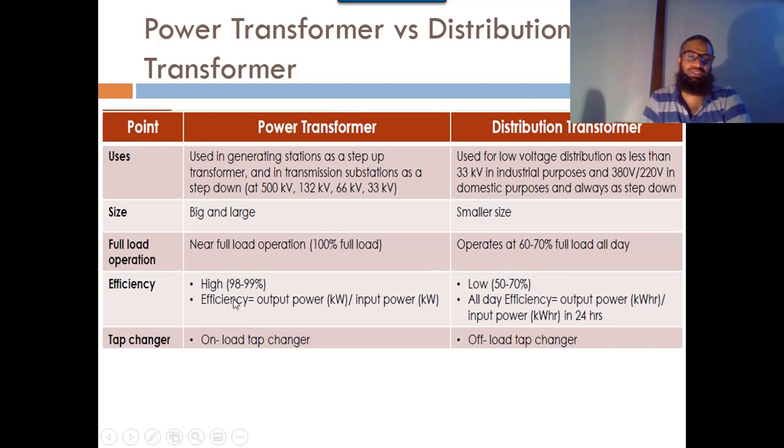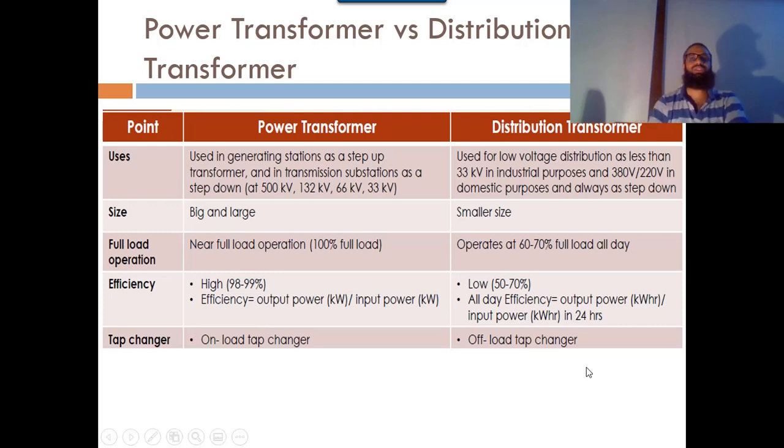Efficiency of the transmission side transformer is 99%, while on the distribution side the efficiency is 50 to 70%. So on the transmission side, if the voltage fluctuates and the input or output voltage level is disturbed, then we have an auto transformer which can automatically adjust the voltage level, and this voltage level adjustment is known as on load tap changer.